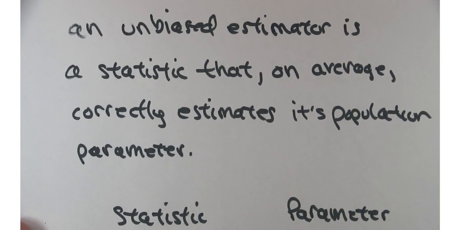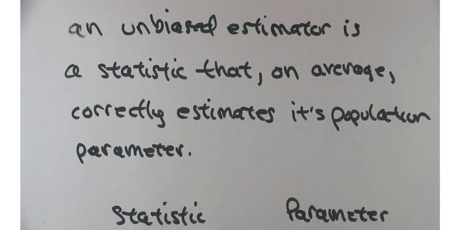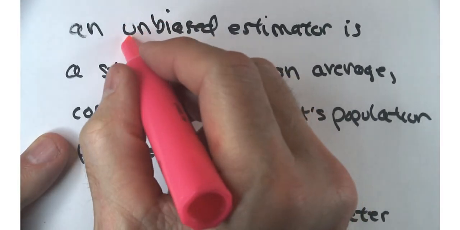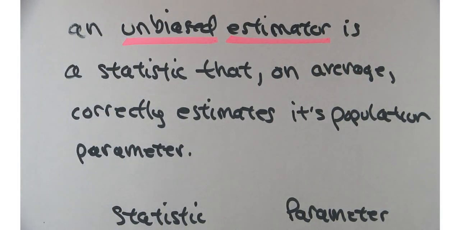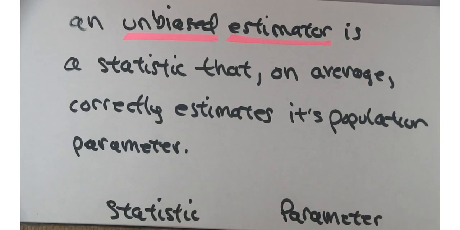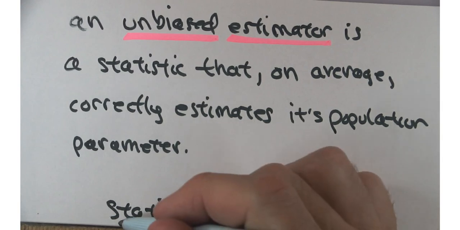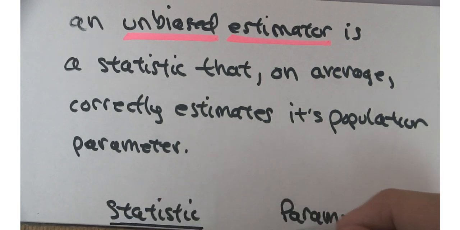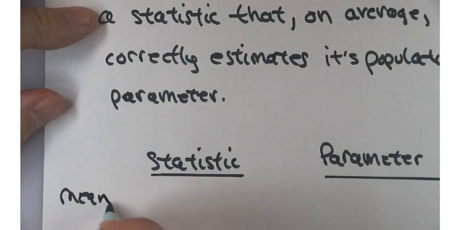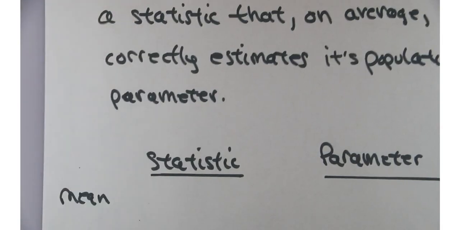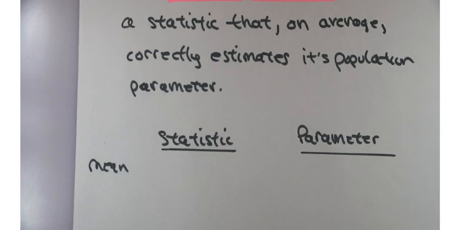So let me remind you of some of our statistics. And I'll inform you about which statistics are unbiased estimators and which ones aren't. Let's start out with the mean. Does anyone remember what the notation is for the sample mean, your statistic?